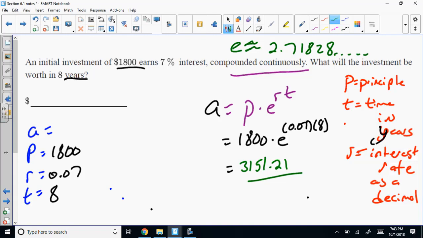Is that good? Yay or nay? Eight years, $1,800 now. It didn't even double, did it?